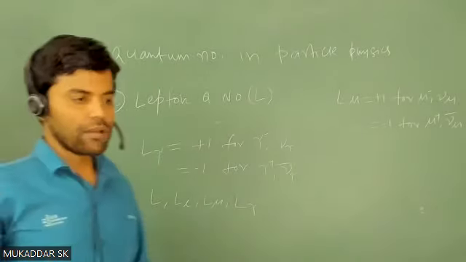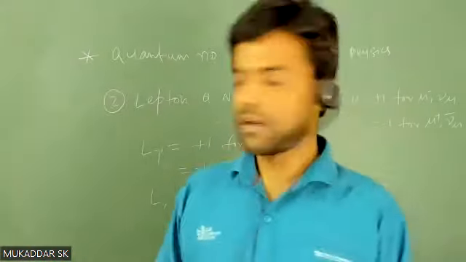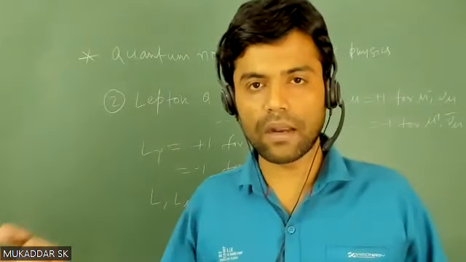For any allowed interaction or decay process, the total lepton number L, electron lepton number Le, L mu, and L tau should all be separately conserved. L must be conserved, Le must be conserved, L mu must be conserved, L tau must be conserved. If any one of them is not conserved, then that decay or interaction will not be allowed.